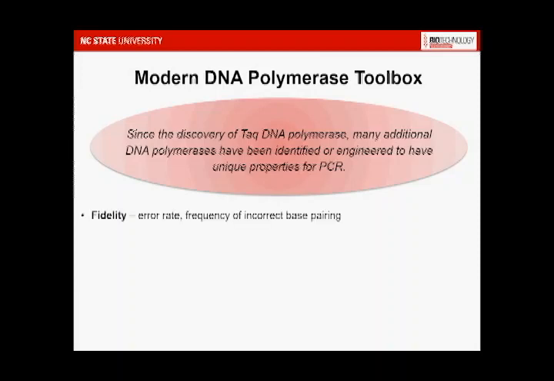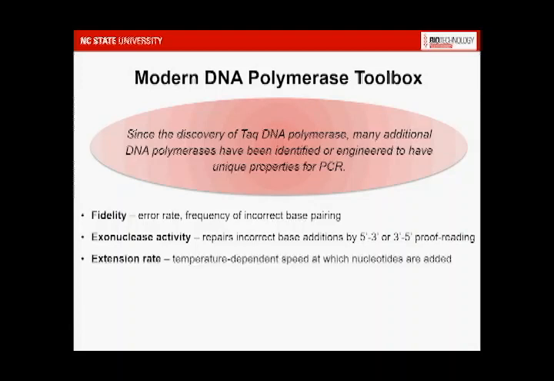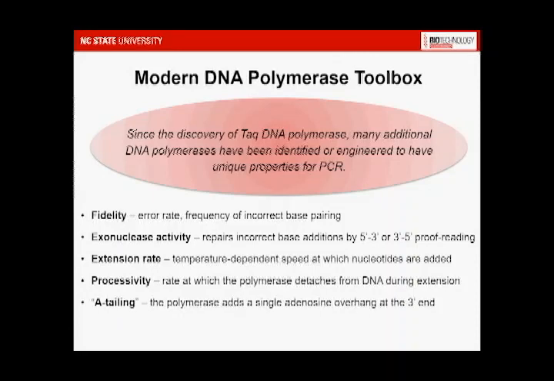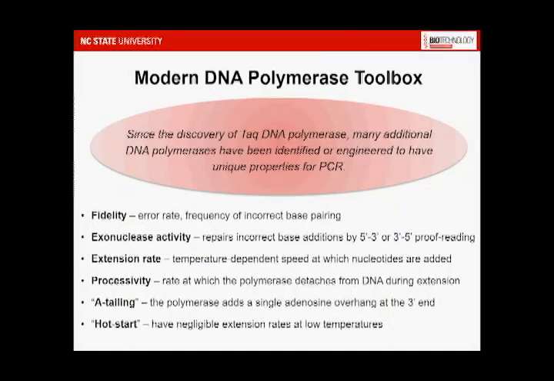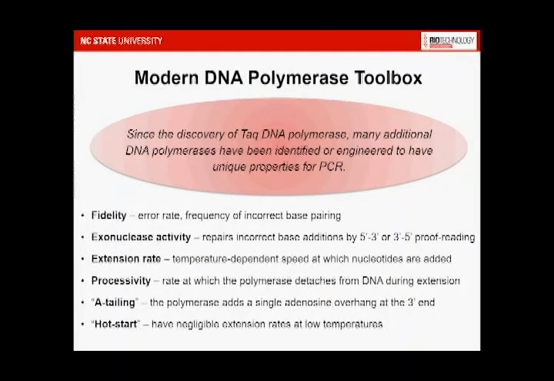These properties include fidelity, which refers to the error rate or frequency of incorrect base pairing; exonuclease activity, which is a mechanism of repair; extension rate, which is the temperature-dependent speed at which a polymerase can add nucleotides; processivity, which refers to the likelihood that a polymerase will detach from DNA during extension; A-tailing, in which polymerase will add a single adenosine to the 3' end; and hot start Taqs, which have a negligible extension time at low temperatures.